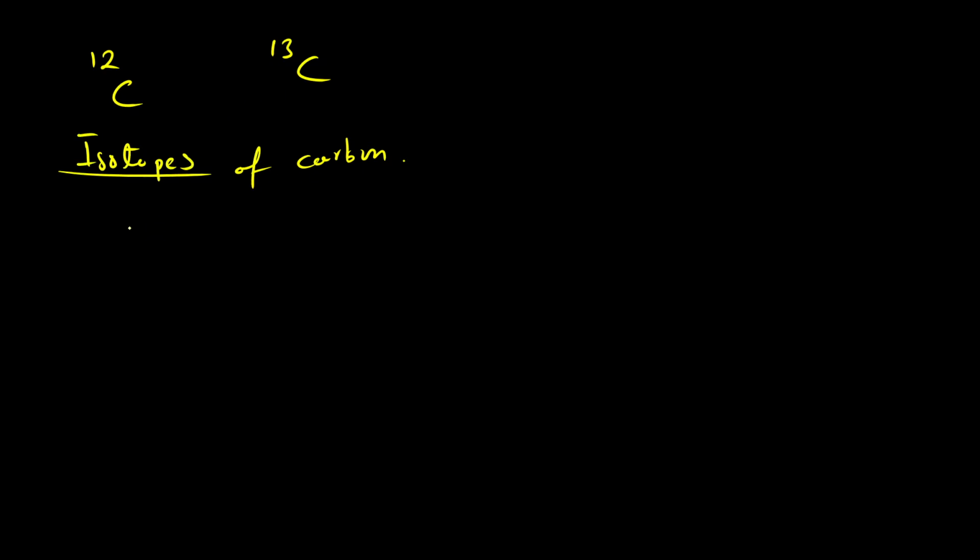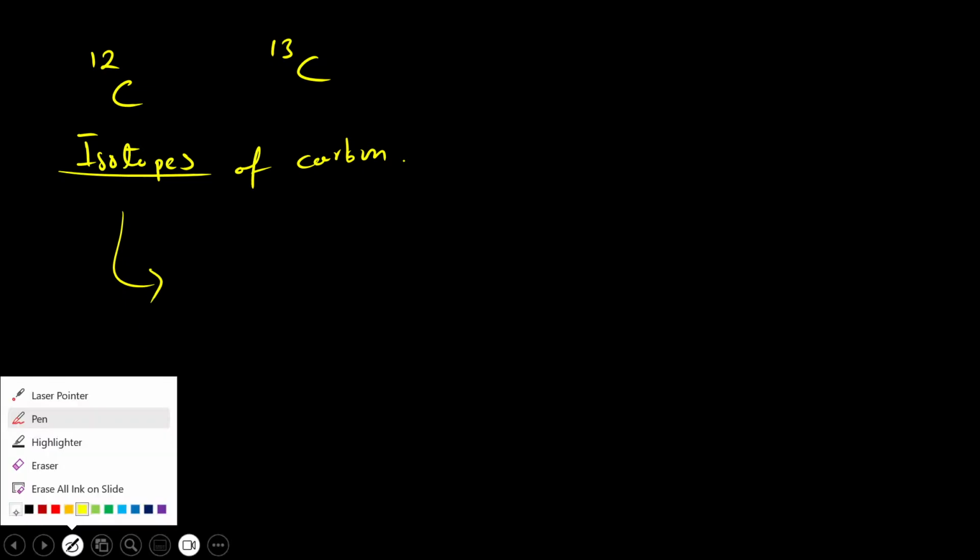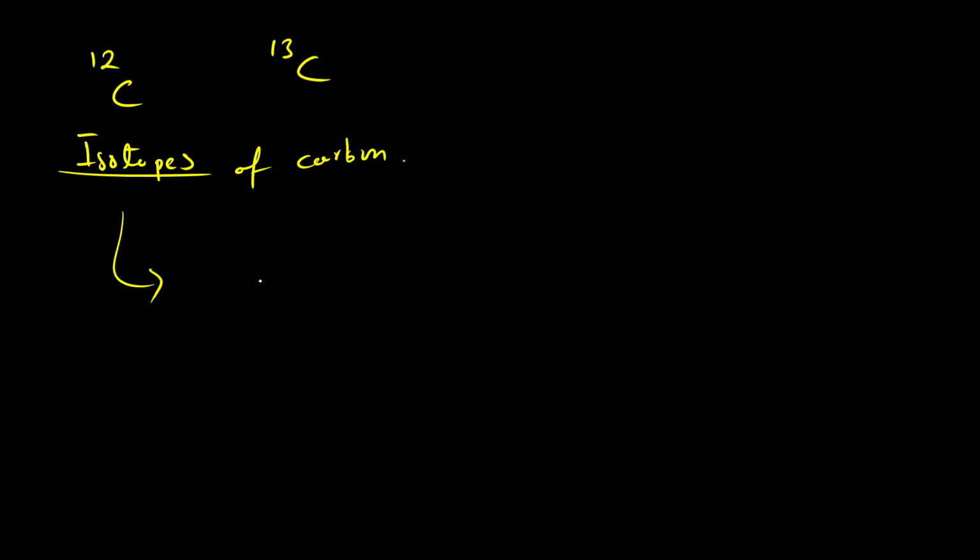Now, you may ask, what is an isotope? Well, an isotope is simply different. They're the same element because they have the same atomic number. Well done, that student as well.